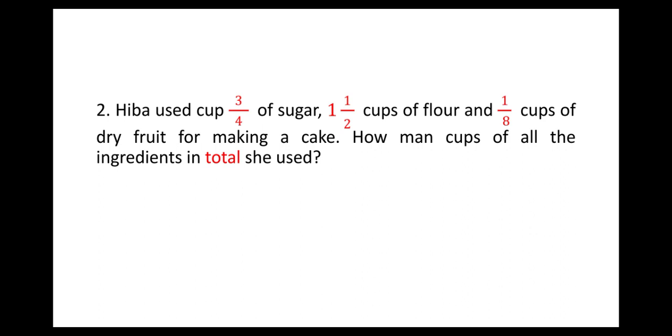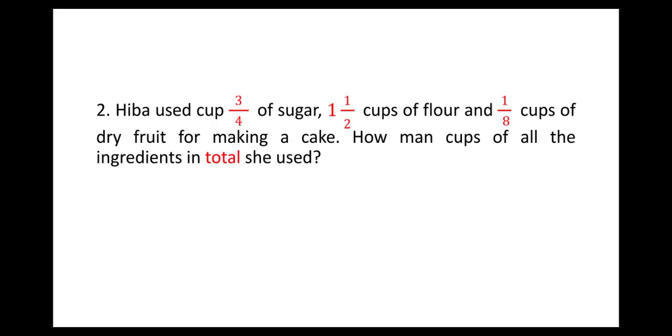So how many cups of all the ingredients in total did she use? Okay ji, I will tell you the clue word in this question. The clue word in this statement is total. So total means we want to add these numbers.